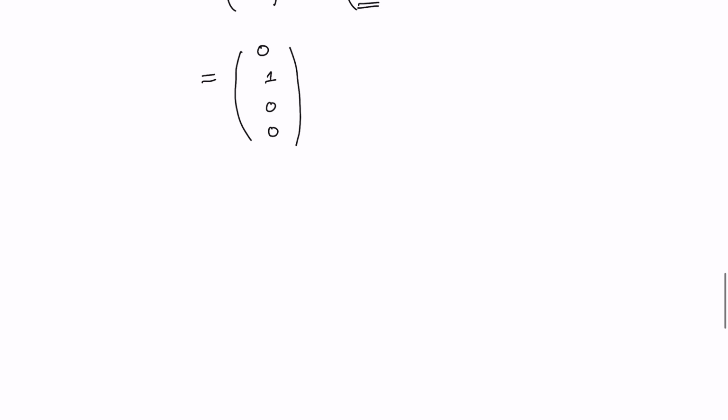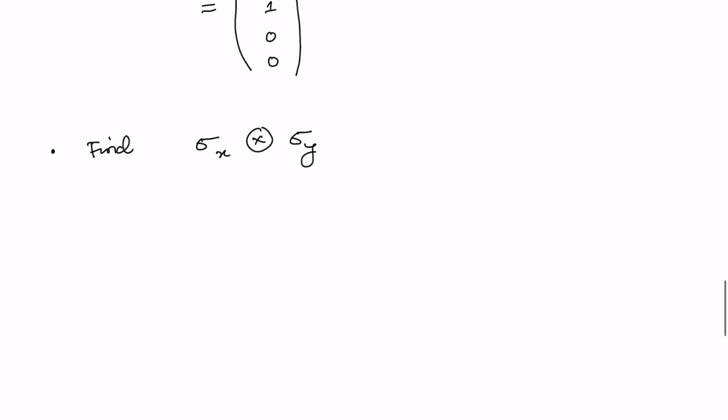Now let us do another example. Say find the tensor product of sigma x, the x component of the Pauli vector, and the y component of the Pauli vector, sigma y. So how to do that? You know the matrix representation of sigma x.